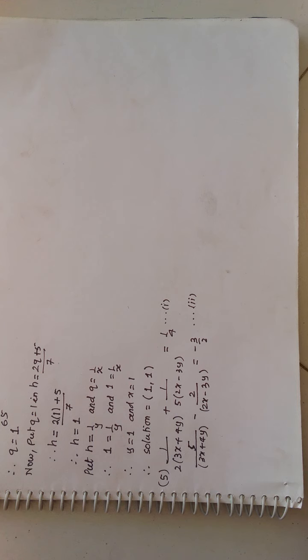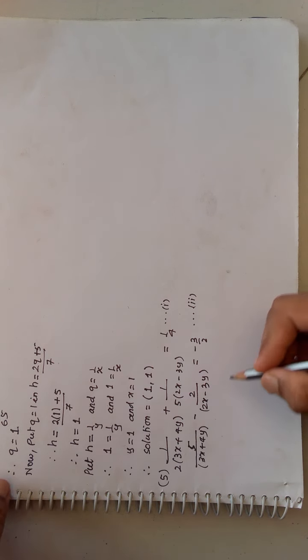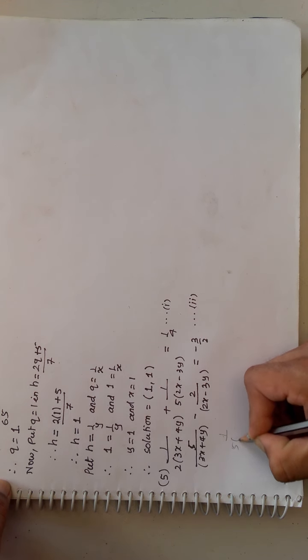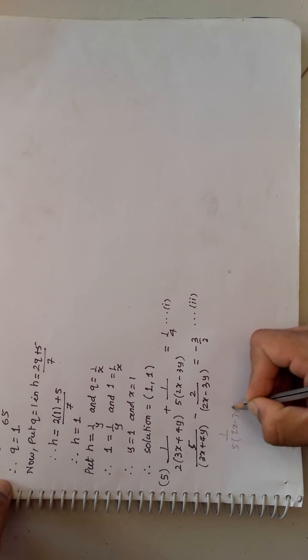So why not do that same thing which I was thinking earlier. If I put 1 upon 3x plus 4y as a variable, something other than this, it will get vanished. Suppose I take 1 upon 5 into 2x minus 3y.